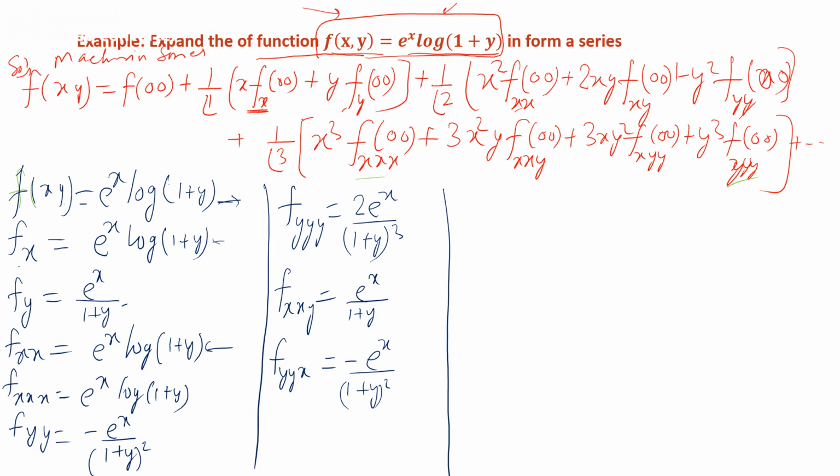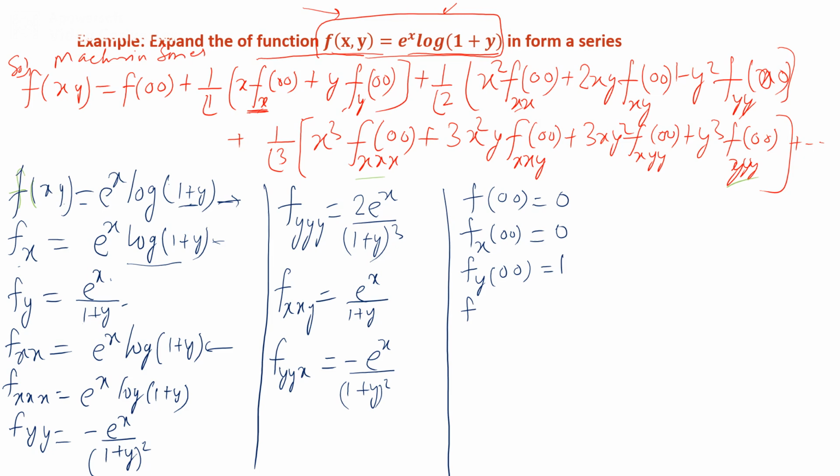So now what is f(0,0)? Replace e raised to power 0, log(1 plus 0), so we get 0. And what is f_x at (0,0)? In that function you put the values, so we get 0. So what is f_y at (0,0)? We put e raised to power 0, which is 1, and 1 plus 0, we get 1.